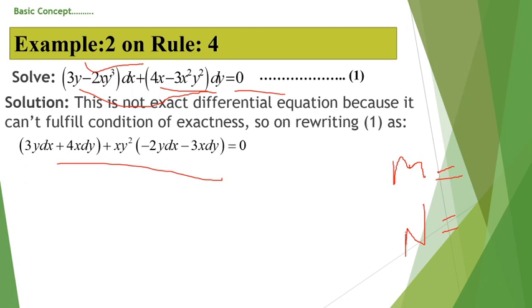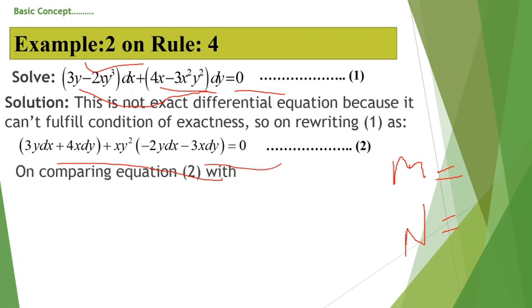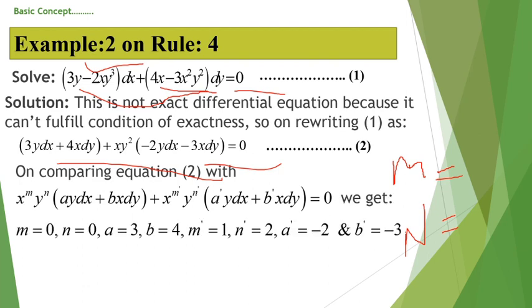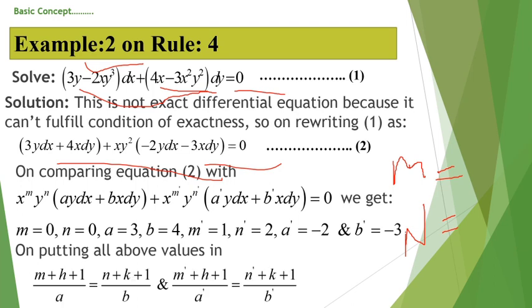So we can rewrite this equation in this particular form. Let it be equation number 2. So on comparing it with the standard equation, we get the values of m, n, a, b, m dash, n dash, a dash and b dash, and after getting this, we have to put all the values in this particular formula.